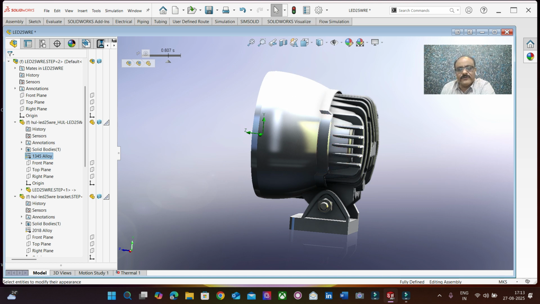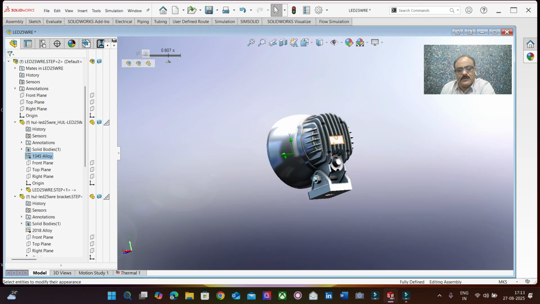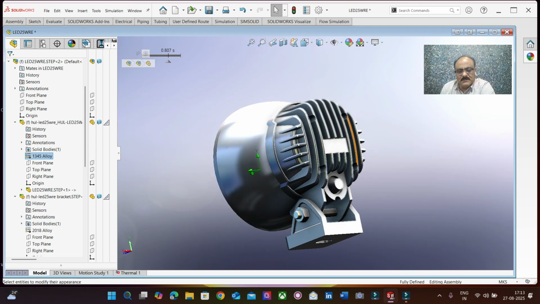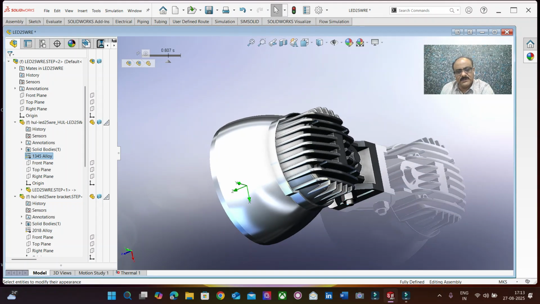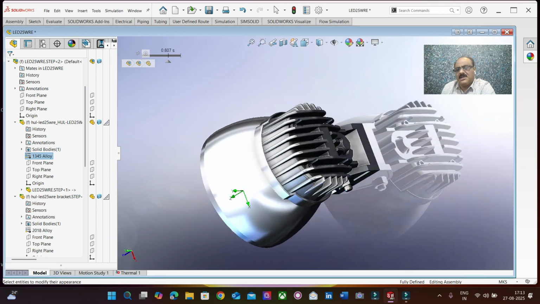That's one way of doing it. And the other way is to carve it out by the machining process. With the machining process, the aluminum block can be completely machined using EDM wire cutting methods, or you can also 3D print it.